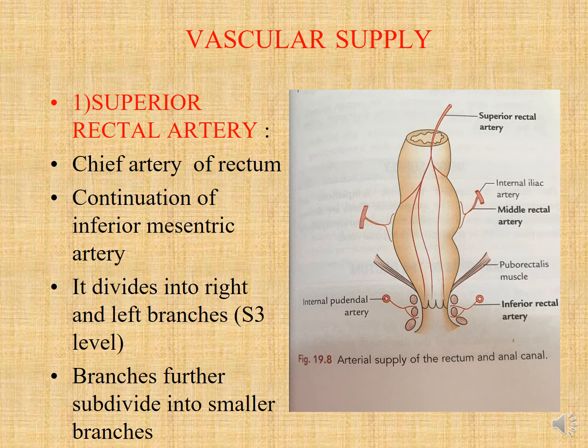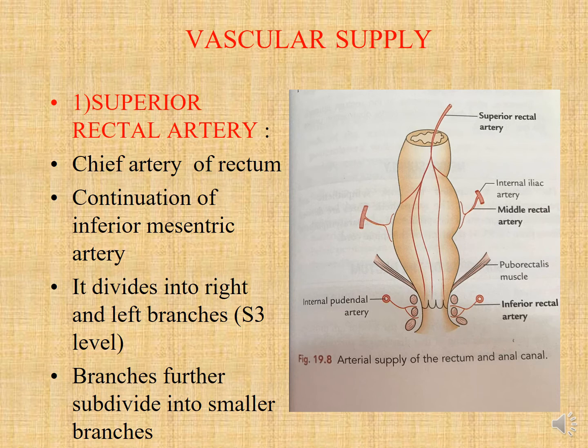You will study in the class of anus that at the junction of the upper two-thirds and lower one-third of the anal canal, there is a line, there are anal columns, and their curved margins are the anal valves basically.